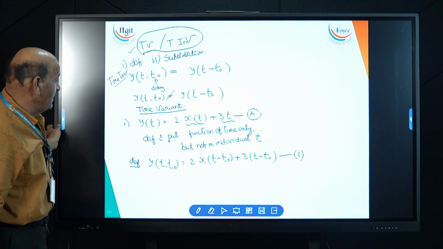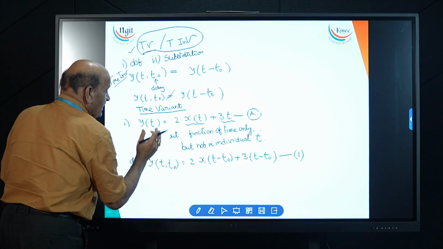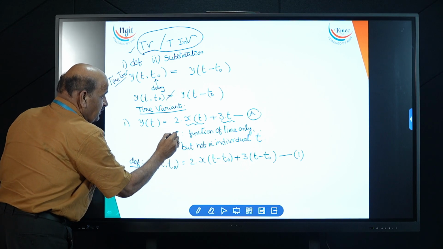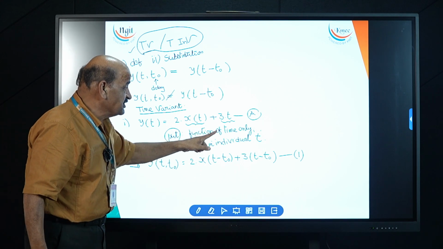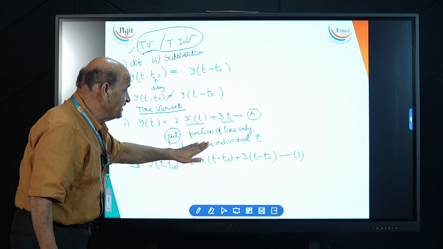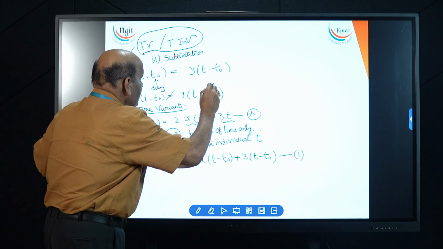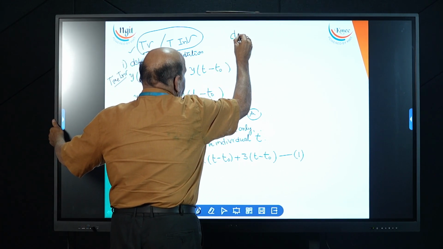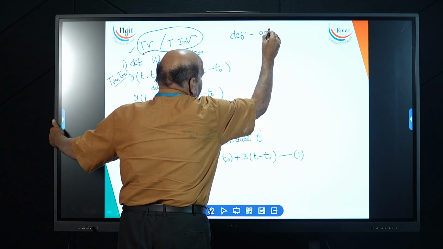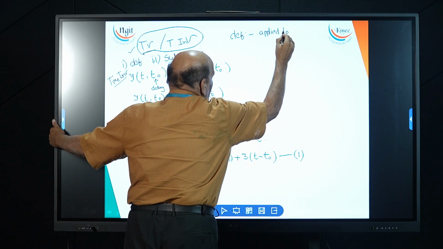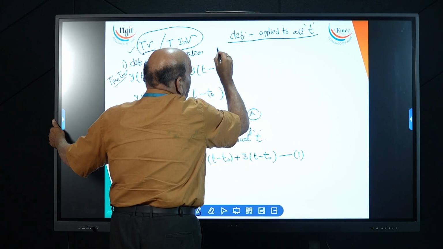Again I am telling you that substitution should be in the function of time only, but not in the individual t. But the definition is applied to all t.